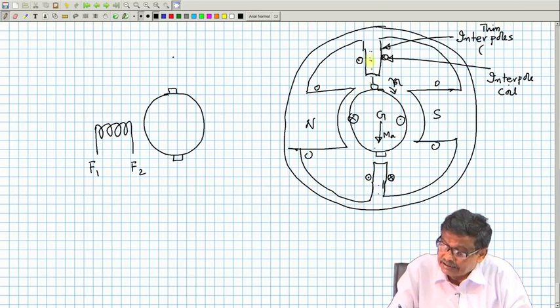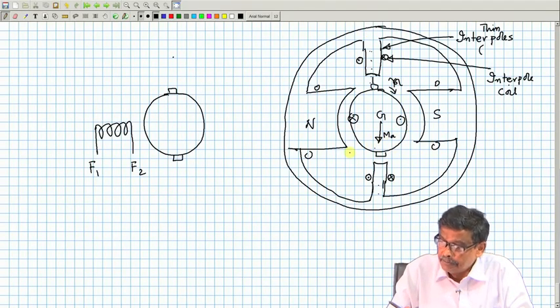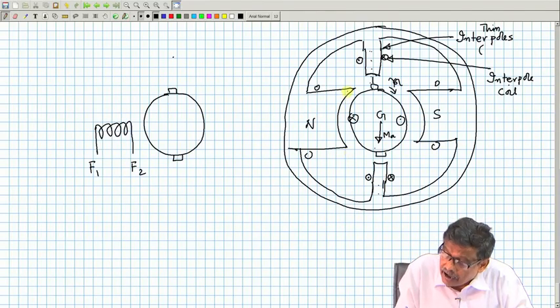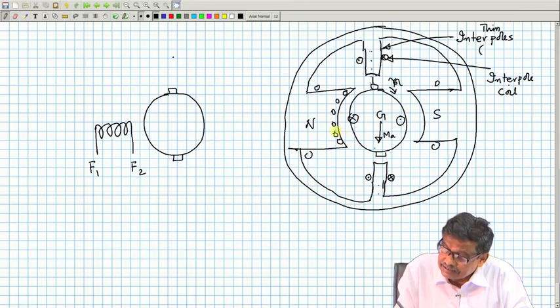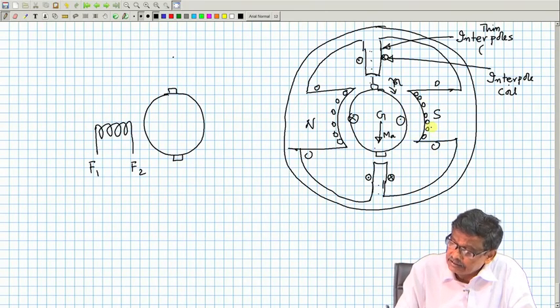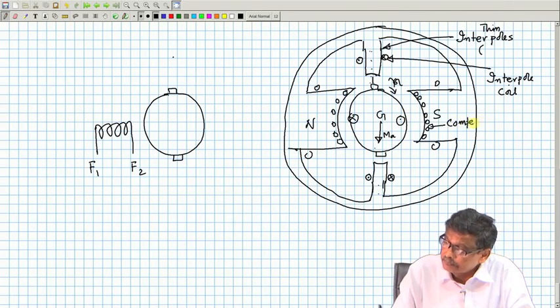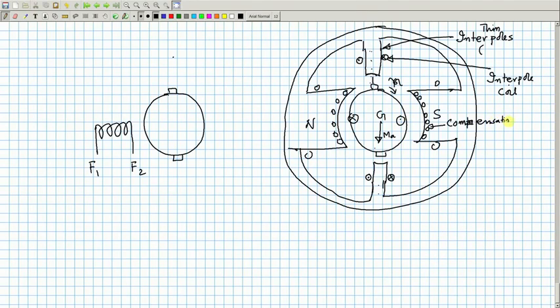So, this cannot compensate for all the armature MMF. For the majority of the armature MMF, I will also connect a compensating coil, whose axis will be the same as the interpolar axis. This is the compensating coil.